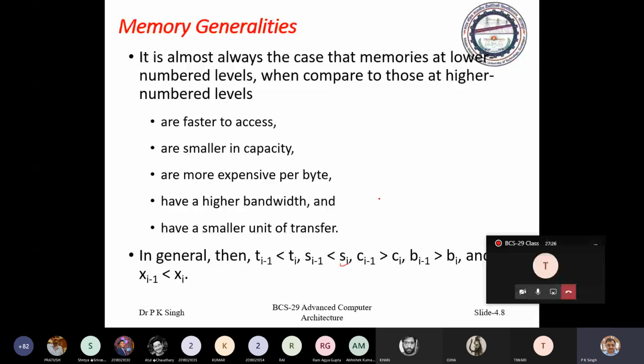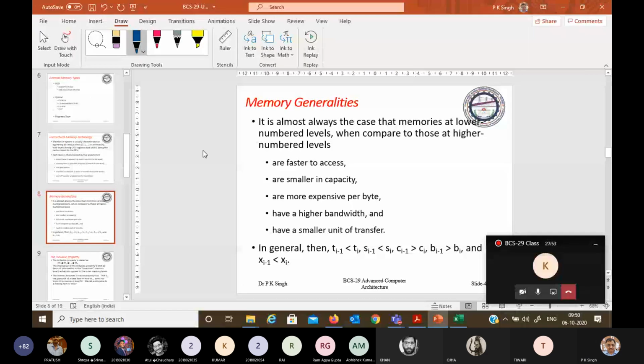Then cost per bit of the lower level is costlier than the higher level. In terms of storage, you have seen the storage cost per bit of hard disk is very low as compared to the DDR.